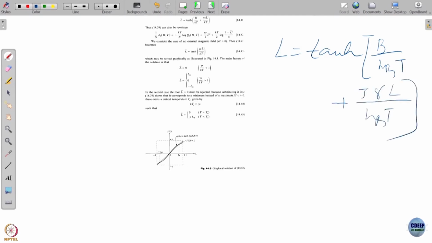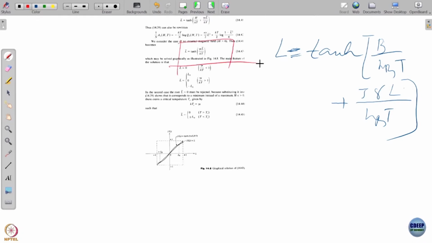This is called an implicit solution or a transcendental equation, where I have L on the left hand side and L on the right hand side, and given a B, I have to solve that numerically. Now, if B is 0, the external magnetic field is 0, I have this beautiful solution, which is this one.